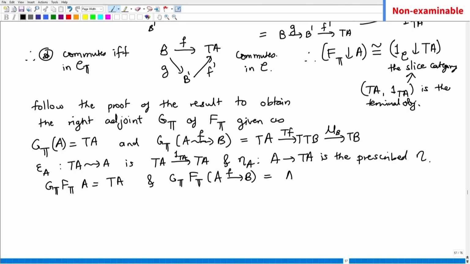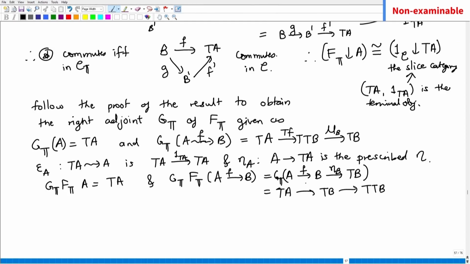We took A to B, F followed by eta B. This was the actual morphism which went to TB, and now we are supposed to take its GT. So this is the wiggly morphism from A to B. Its GT is going to be TA to TB to TTB.